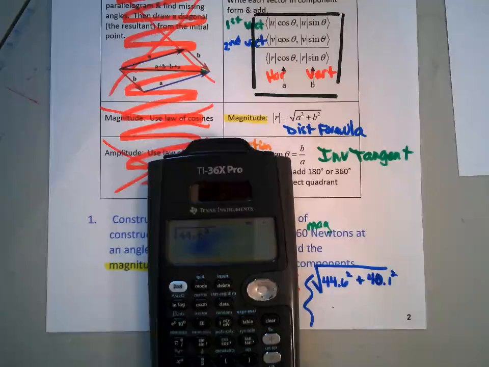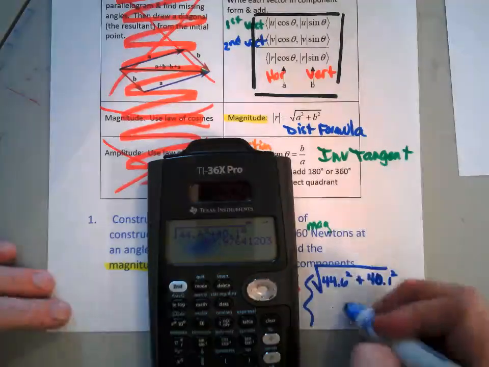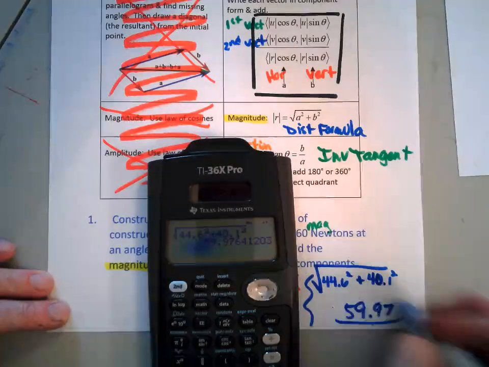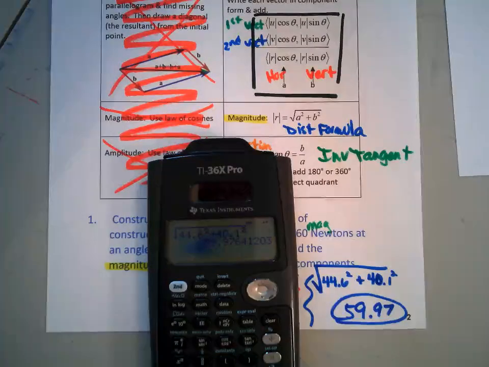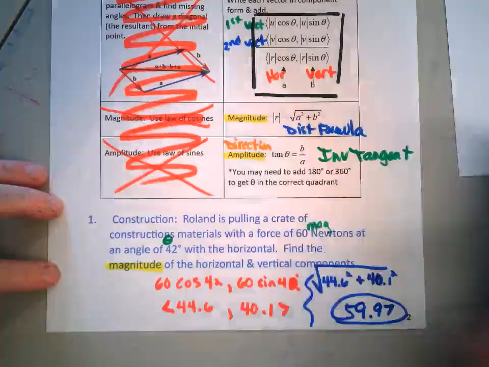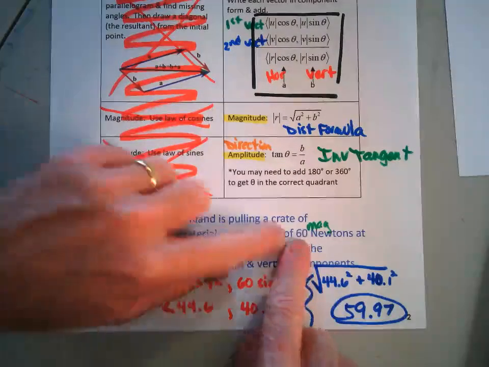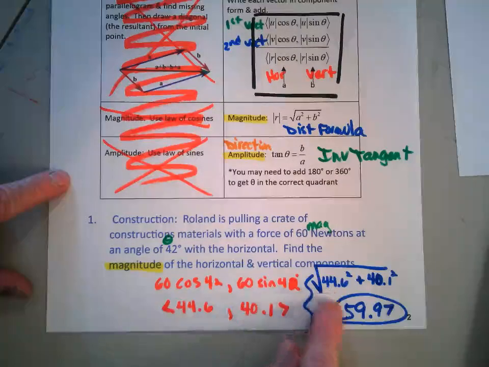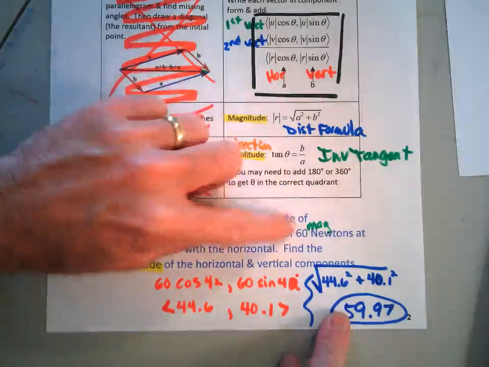Hit enter, and you get 59.97, which basically is the same force, because that was the magnitude up here. So we even went through the calculations and proved that the magnitude was going to be 60.